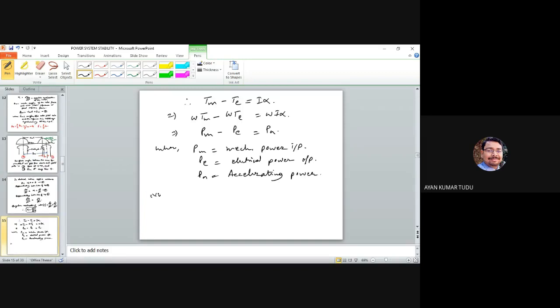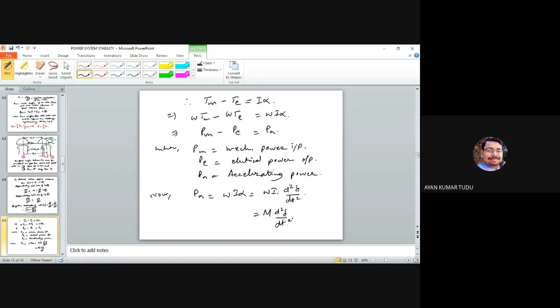Now Pa can be written as omega into I into alpha, which is equal to omega into I into d2 delta by dt square. Omega into I is nothing but M, our angular momentum.